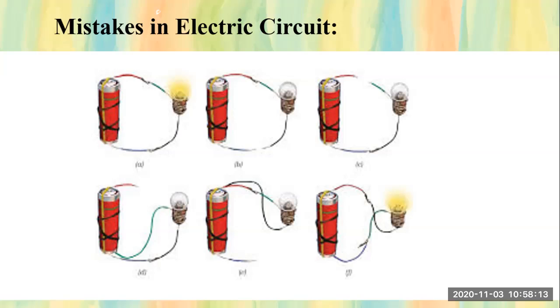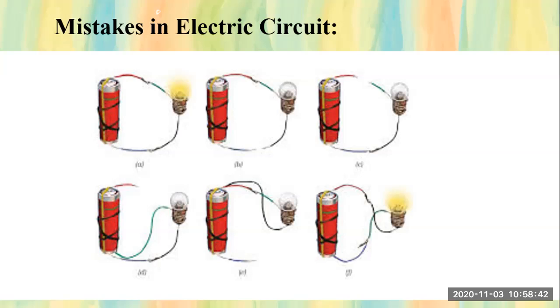Current will flow through it, because in a bulb there is no positive and negative terminal. There are only two terminals, terminal 1 and terminal 2. So whether we join positive-negative or negative-positive to the two terminals, the circuit will be complete. Hence the bulb glows in figure A and figure F. So we understood now what mistakes we should not make when we are making electric circuits.